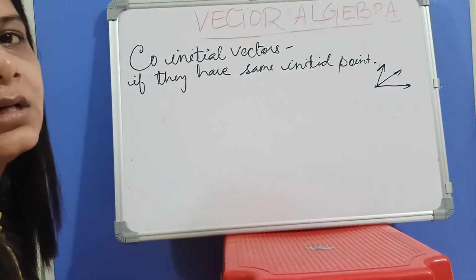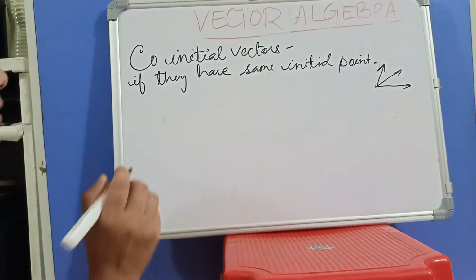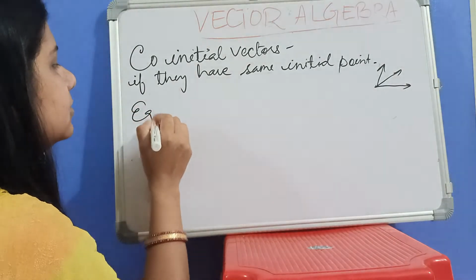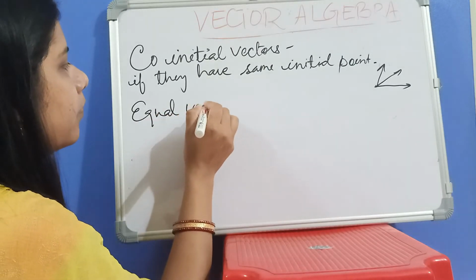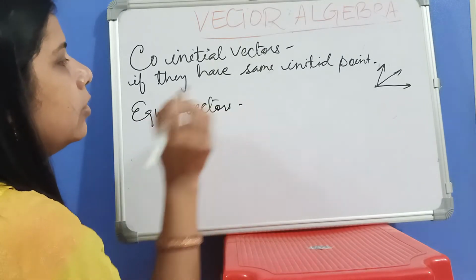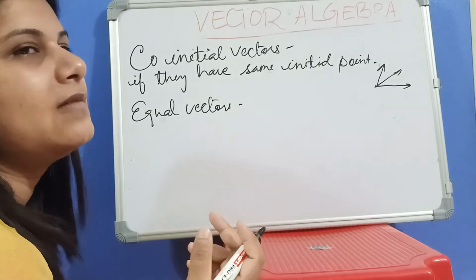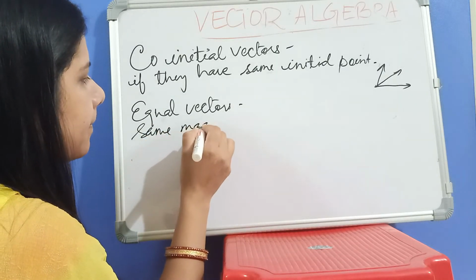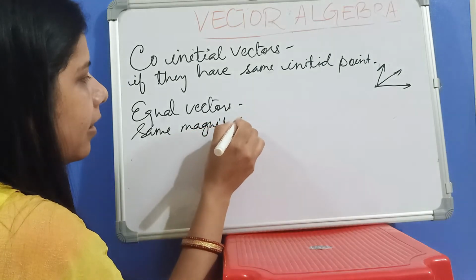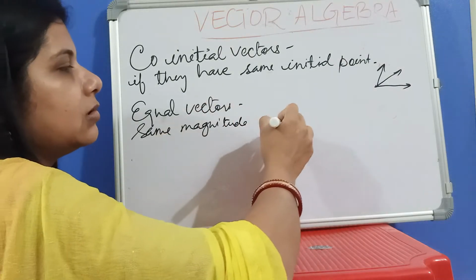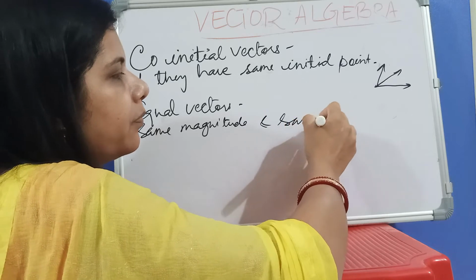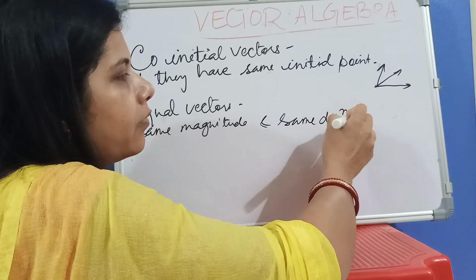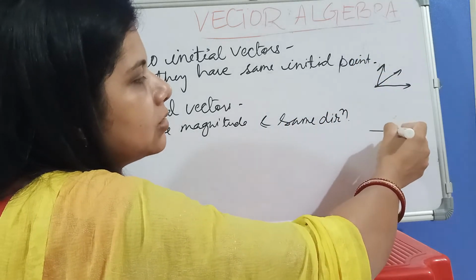These types of vectors are called co-initial vectors. Next is equal vectors. Two vectors are said to be equal if they have same magnitude and same direction, like this.